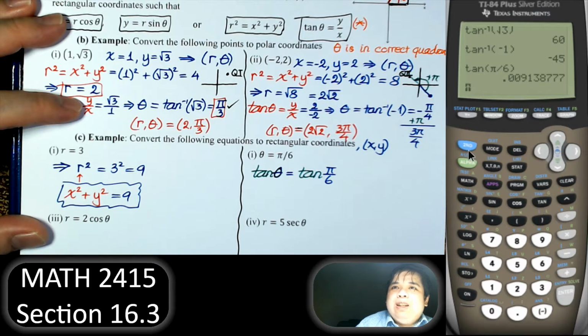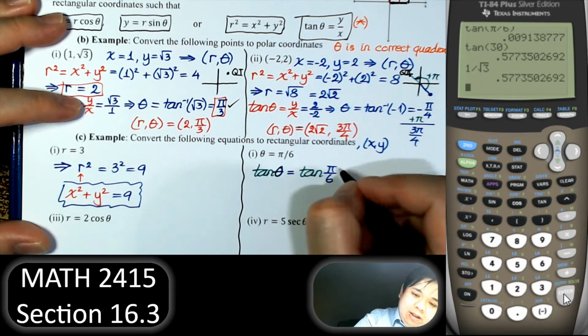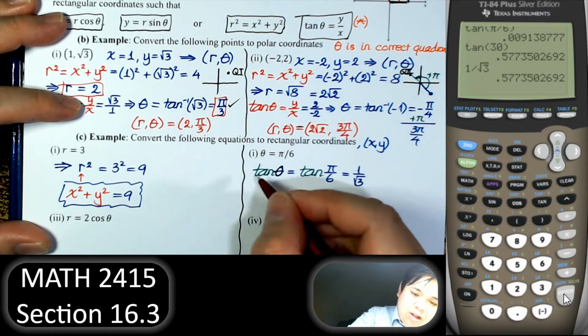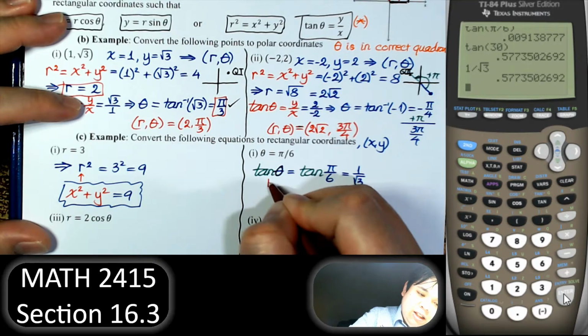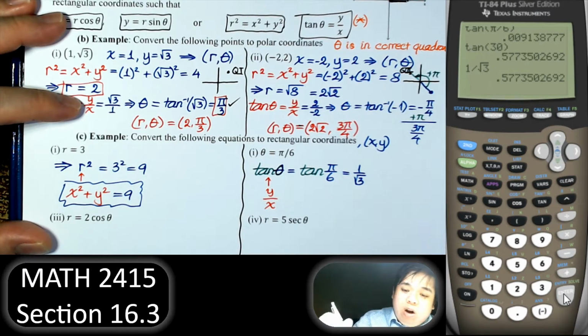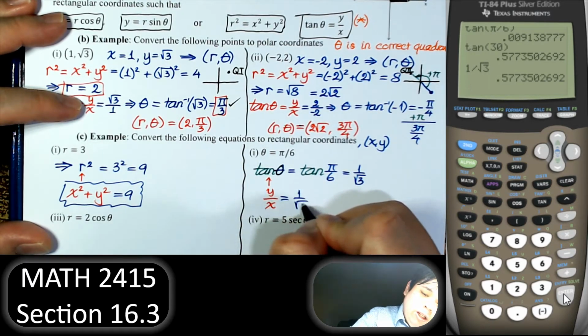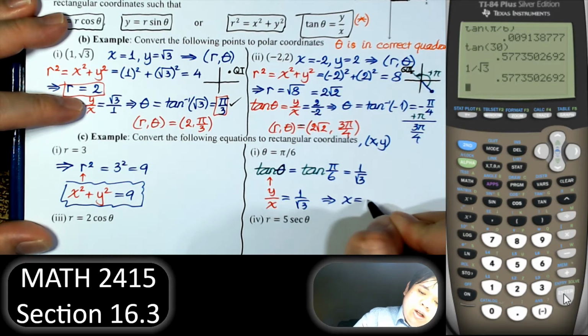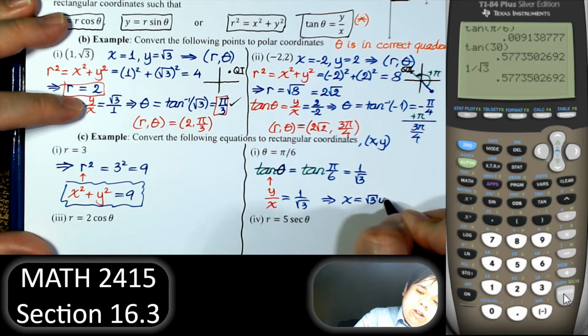Tangent of 30 degrees. Sorry. So actually that is 1 over square root of 3. But tangent of theta is equal to y over x. So if y over x equals 1 over square root of 3, and we cross multiply, we have x equal to square root of 3 times y.